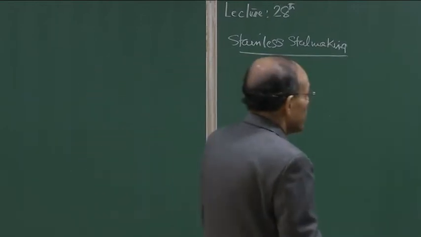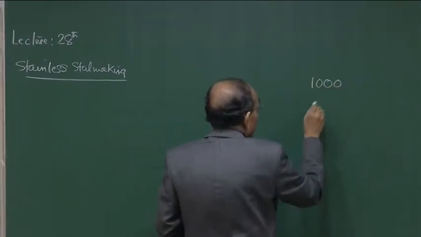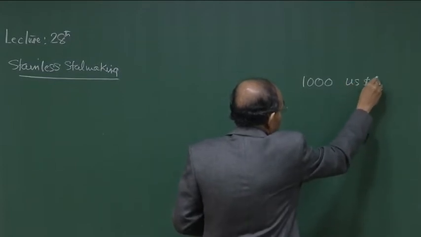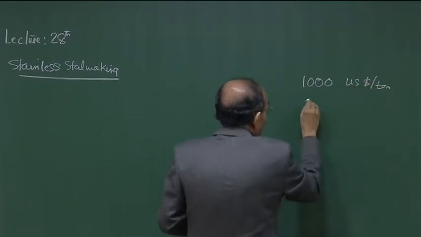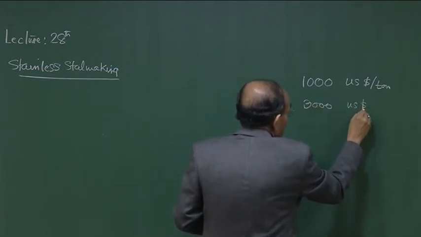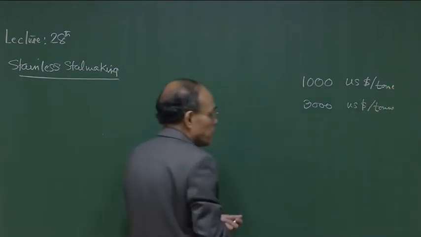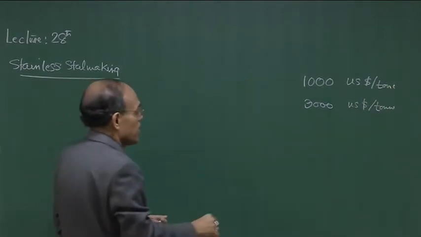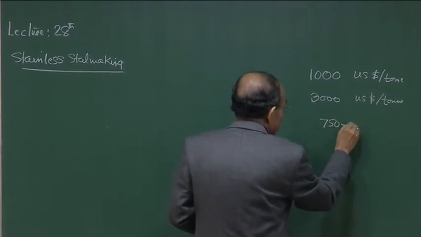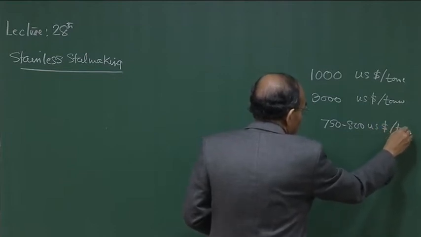And I looked at the literature and found that high carbon ferrochrome is about, and low carbon ferrochrome is 3 times more expensive, vis-a-vis carbon steel, which can go from 750 to 800 US dollar per ton.